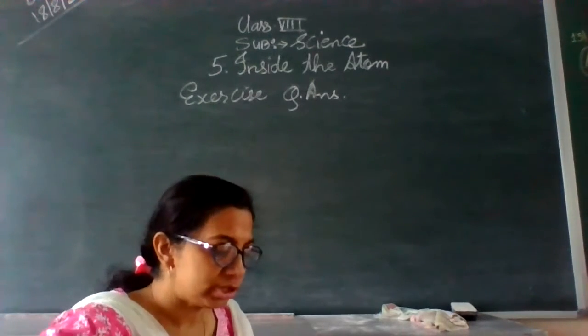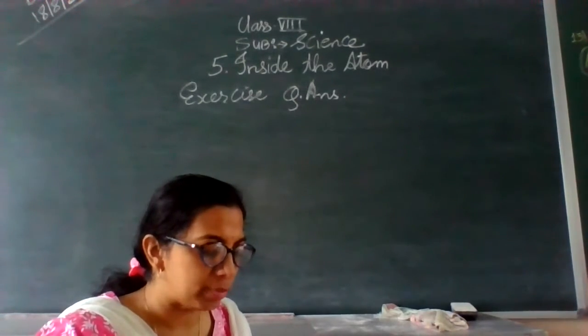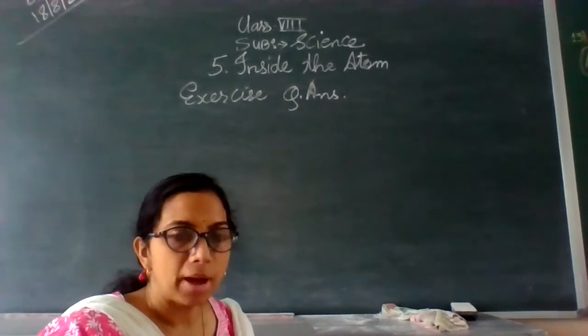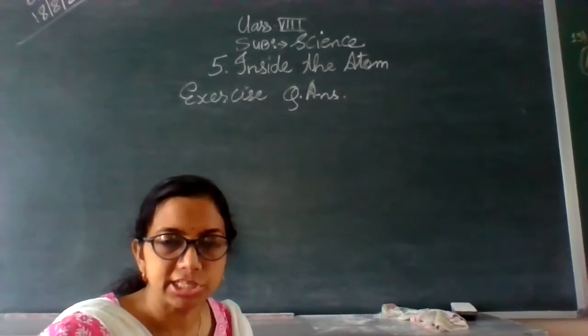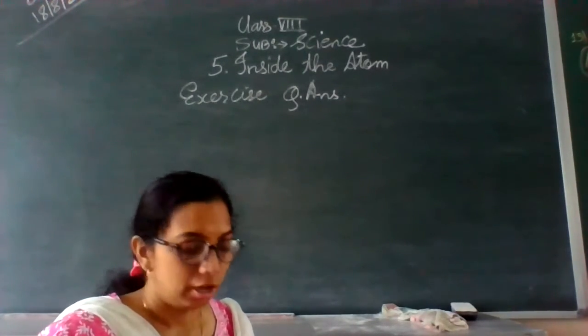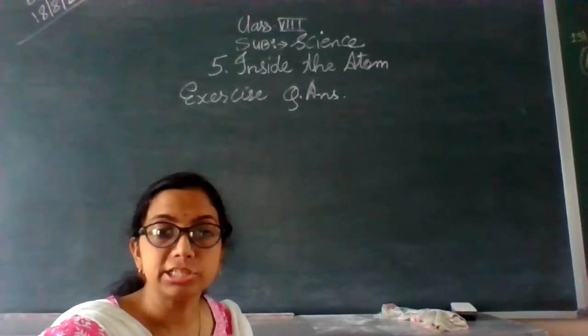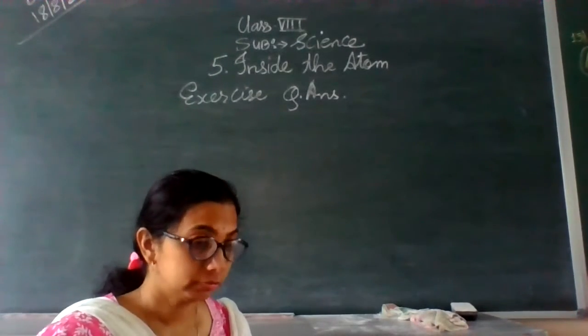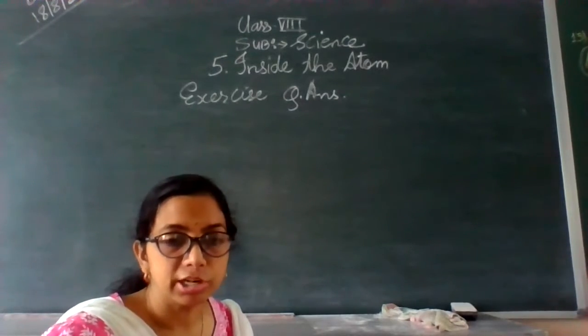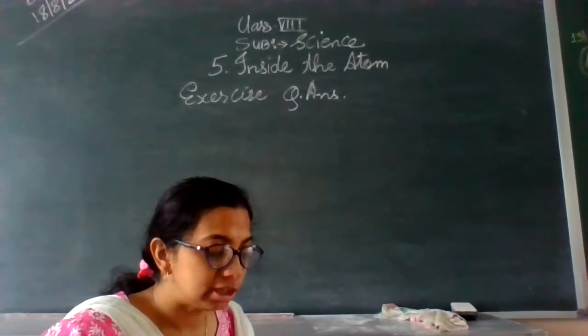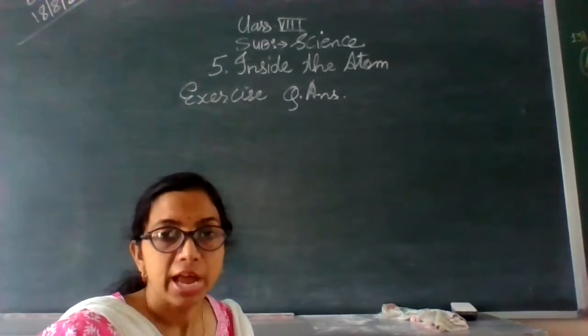Next question is, what is meant by atomic mass number? The mass of the atom is concentrated at the center of the atom, that is the nucleus part. In the nucleus, there are protons and neutrons that decide the total mass of the atom.